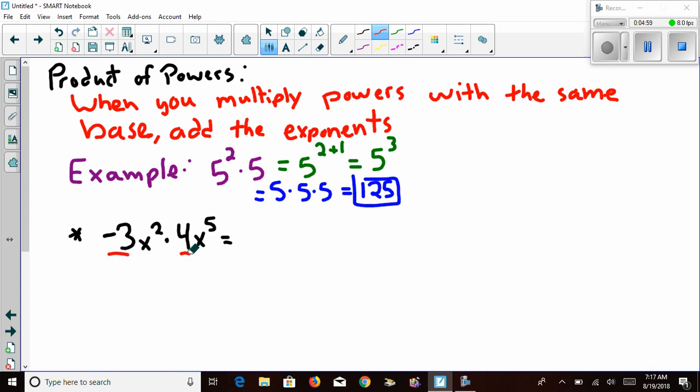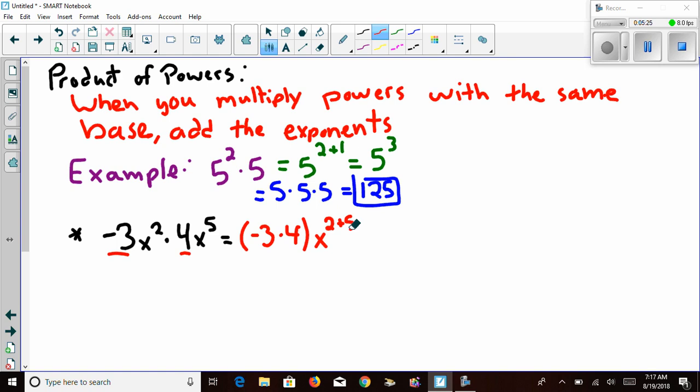Well, I know how to multiply -3 times 4. So I'm going to go ahead and do that. And then I'm going to look at the variable. Both of those have the variable x as their base. So I'm going to add the exponents of 2 and 5.